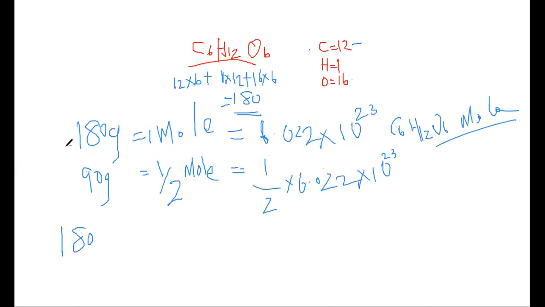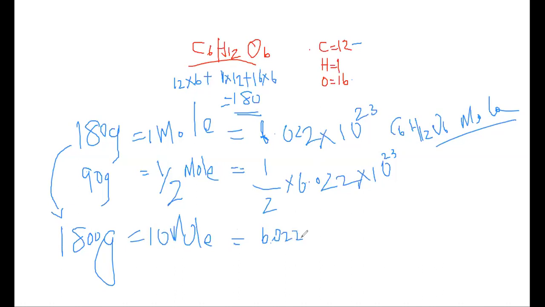If you take 1,800 gram, how about the moles? 10 moles. How about the Avogadro number of molecules? 6.022 into 10 to the power 23 into 10.